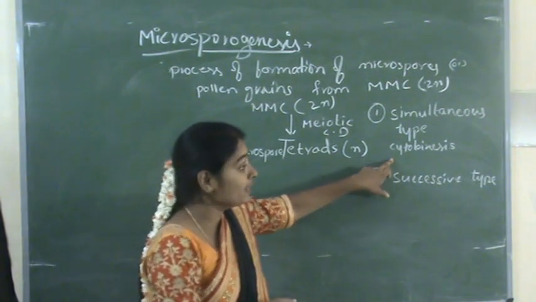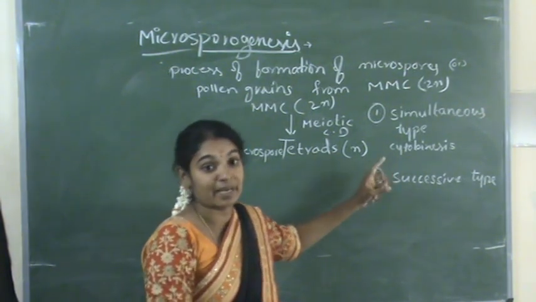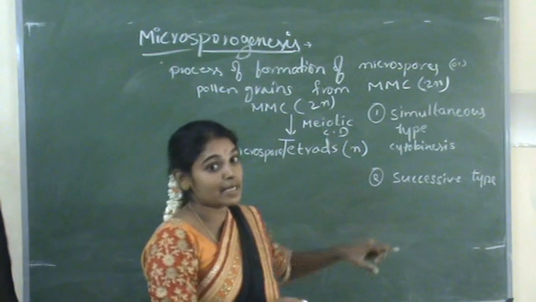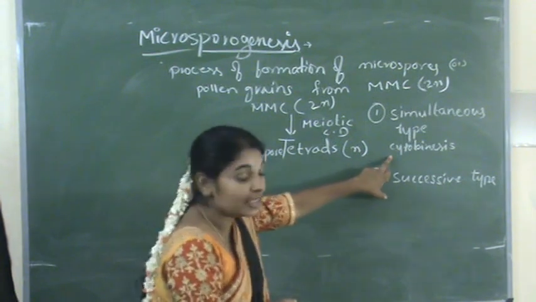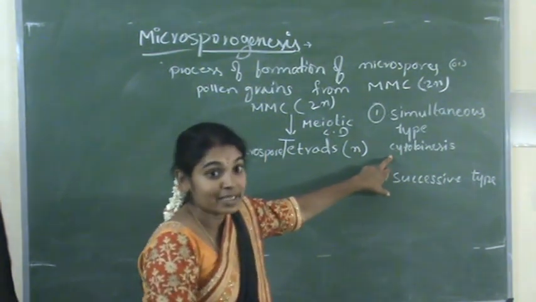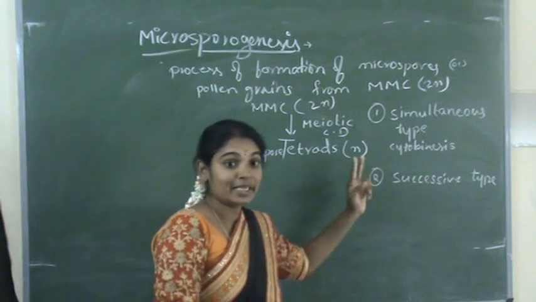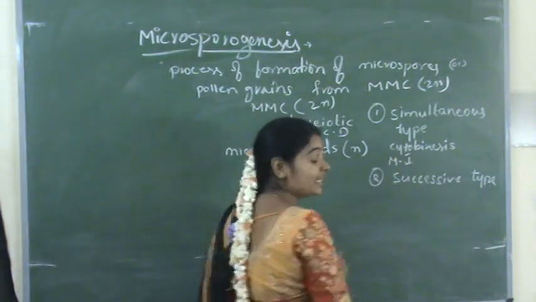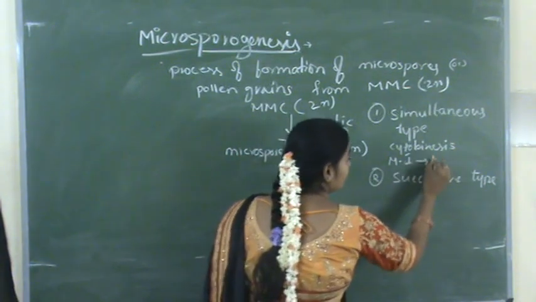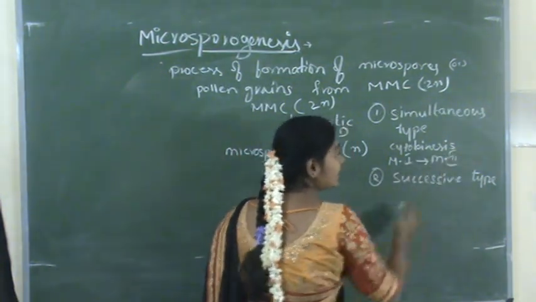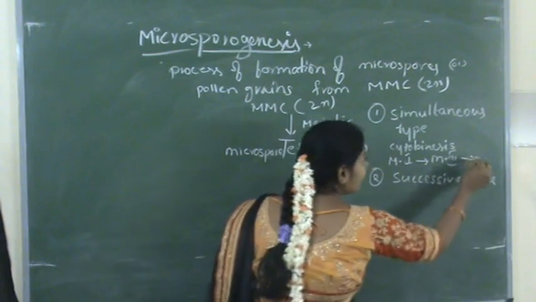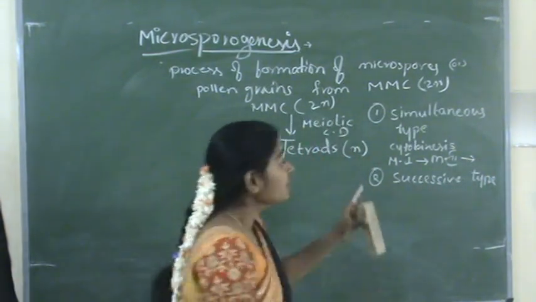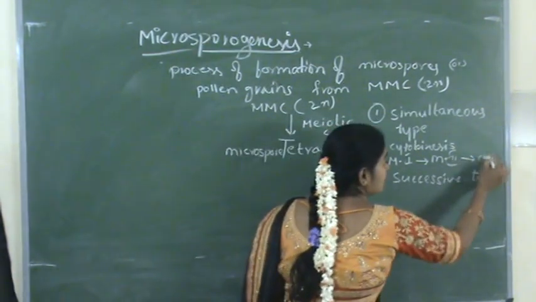We know that meiotic division takes place 2 times, meiosis 1 and meiosis 2. First meiosis 1 completes, then meiosis 2 completes, and after the second meiotic division, the cytokinesis occurs.